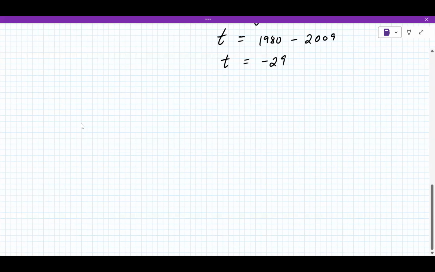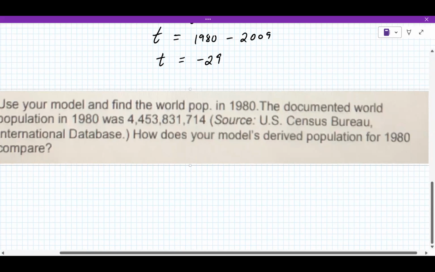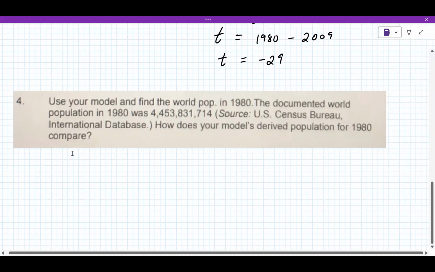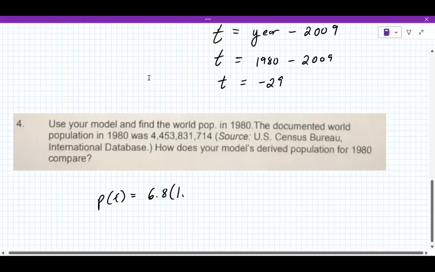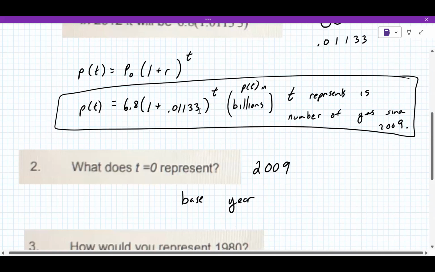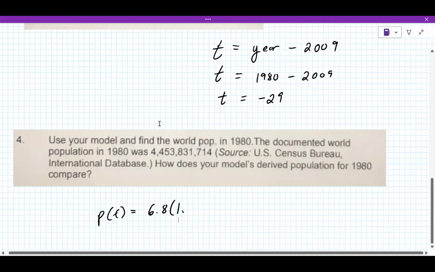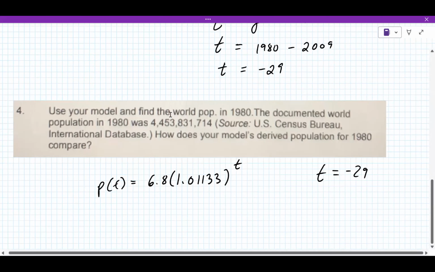Okay, next thing here is to use your model to find the population in 1980. So we're going to use our equation P of T equals 6.8 times 1.01133 to the power of T. We're going to put T equals minus 29 into the equation.